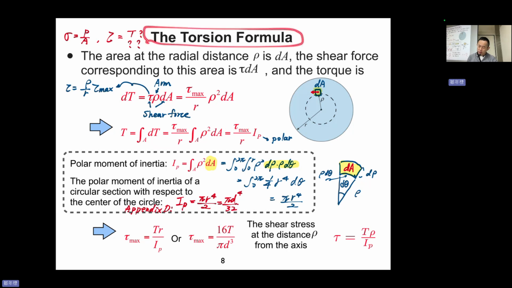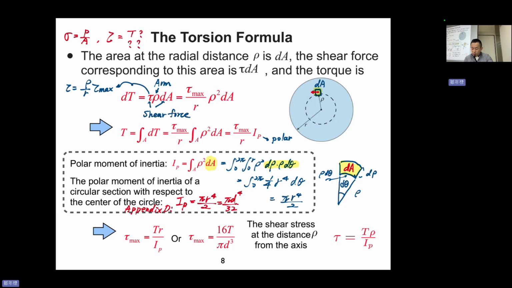The torsion formula, which connects tau and T, just like sigma and P. And the proof in mechanics of materials typically uses the stress times the area, and then sums it up together or does the force balance or moment balance, and you can get your result. More than 95% of the proofs in mechanics of materials are just like this.